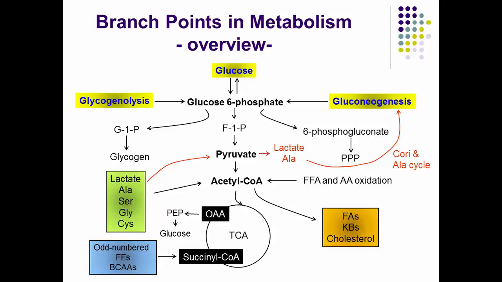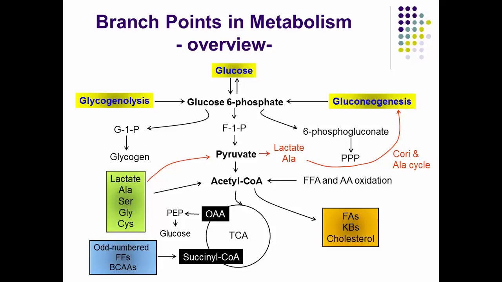And acetyl-CoA is definitely a key point that can be generated from oxidation of glucose, amino acids, and fatty acids, right? And it can either enter the TCA cycle for complete oxidation, depending on tissues.